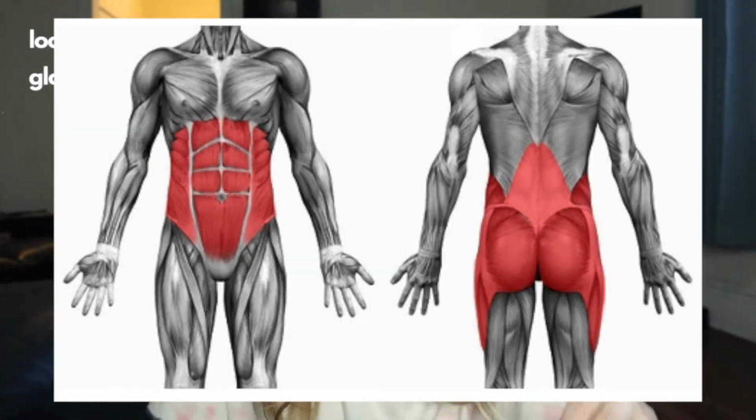All right, so jumping out into the intermediate layer, we've got the global stabilization system. These are the muscles that connect directly from the spine to the pelvis. They're in charge of moving weight or loads, however you want to put it, from upper to lower body.